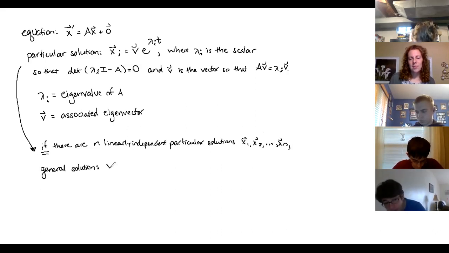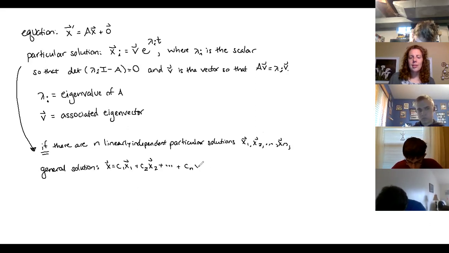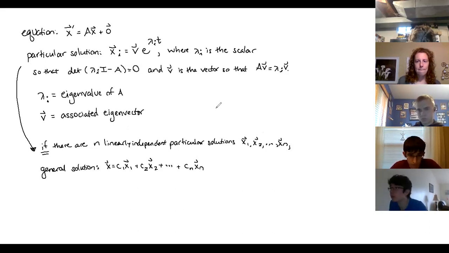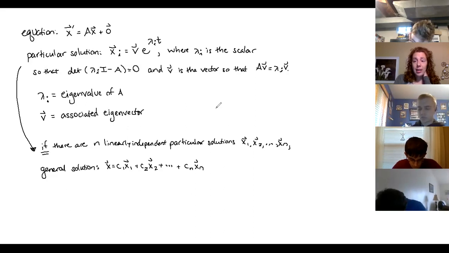And that's going to be vector x equals c1 vector x1 plus c2 vector x2 plus a bunch of dots plus cn vector xn. So if we have n linearly independent vectors of these, x1, x2, all the way through xn, then we can get a general solution.